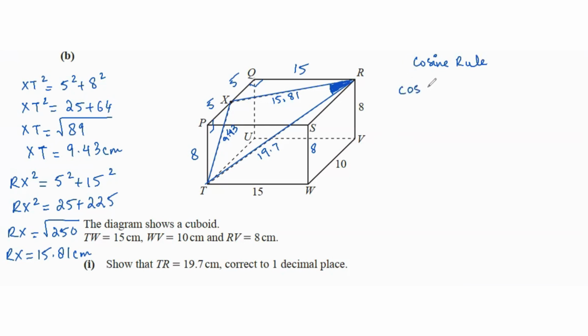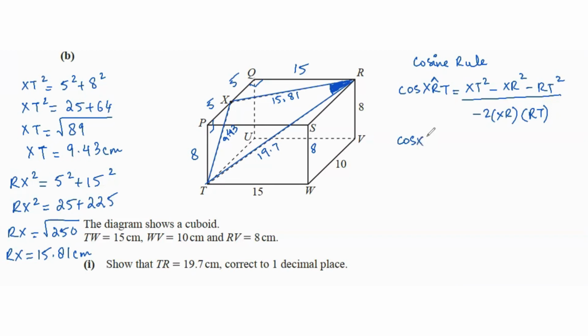cos of XRT equals XT square minus XR square minus RT square divided by -2 times XR times RT.